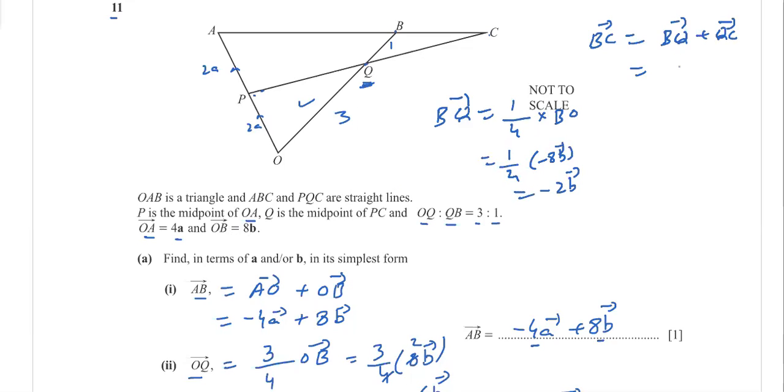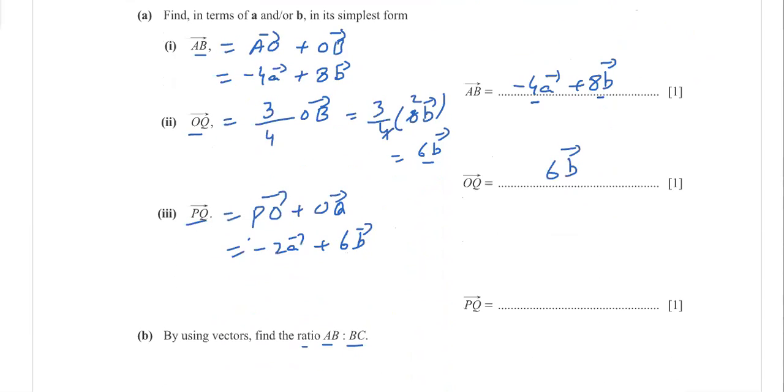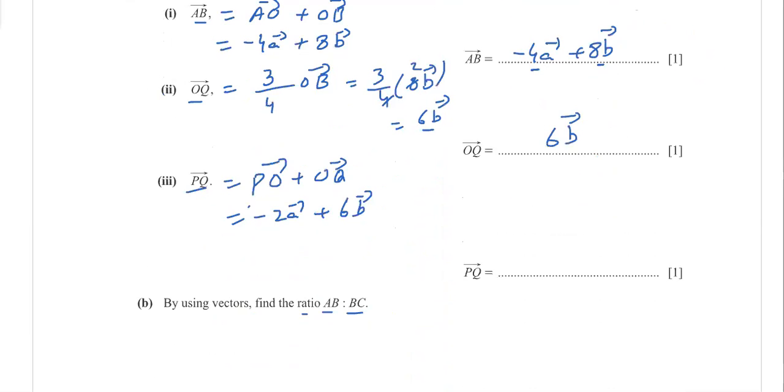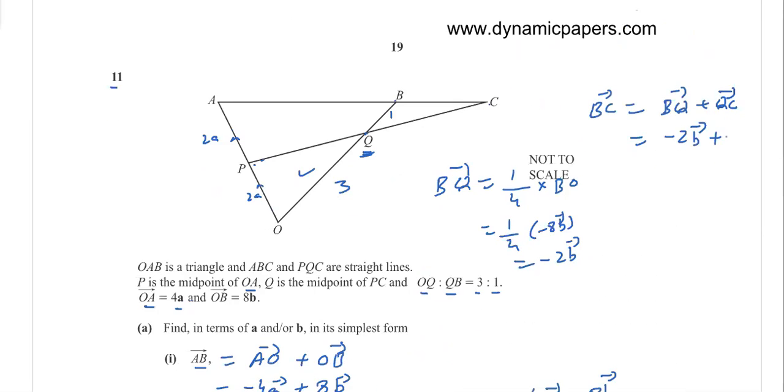So BQ is minus 2B plus QC. QC is the same as PQ, which is minus 2A plus 4B. So that will become minus 2A plus 2B.